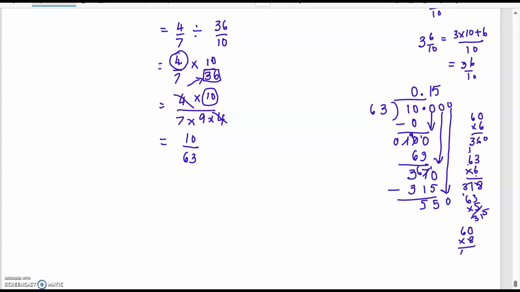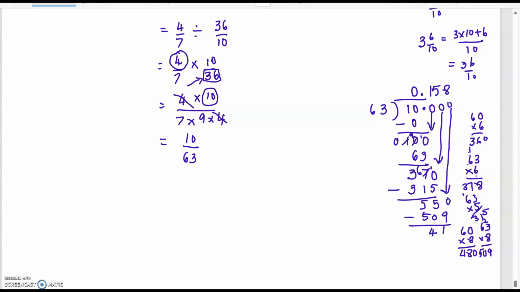So 60 times 8 is 480. And 63 times 8, 8 3s are 24, 8 6s are 48, 49, 50. So that is 504. So it goes 8 times. Subtract to get a 41.